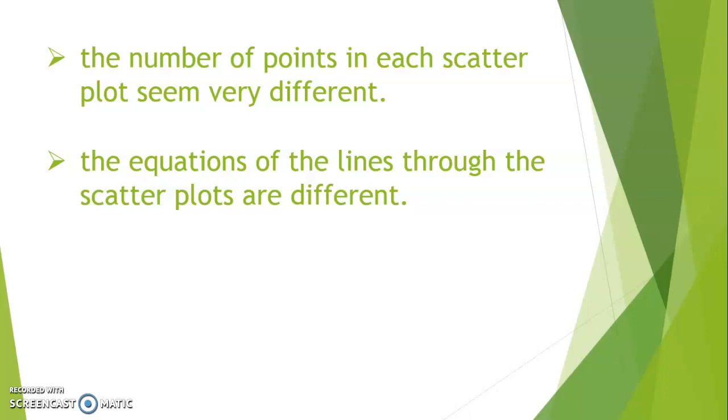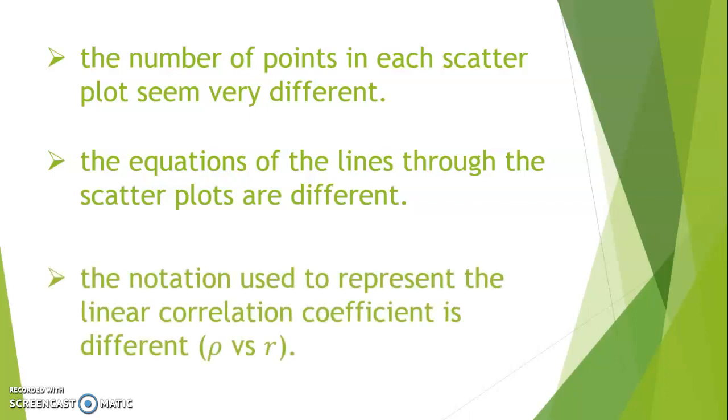The equations of the lines through the scatter plots are different as well. And the notation that was used to represent the linear correlation coefficient was different. In the first graph, we used rho, whereas in the second, we used R to represent the correlation.